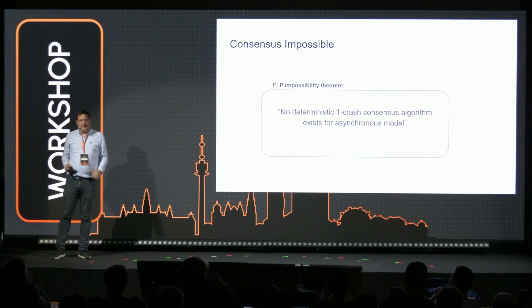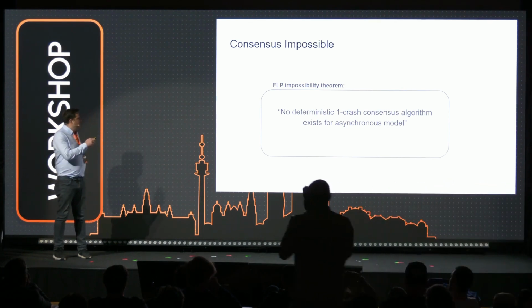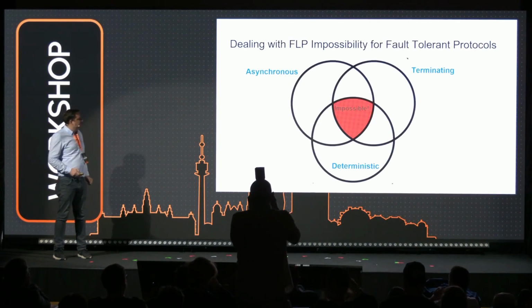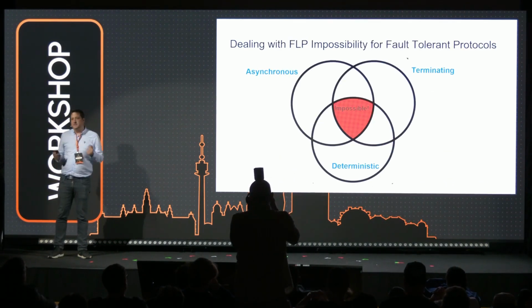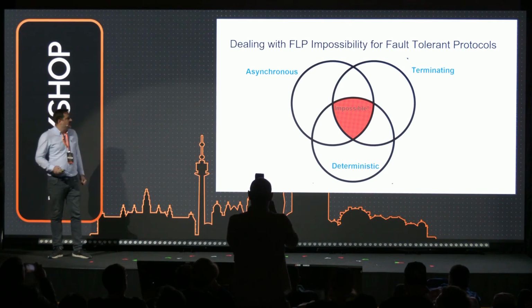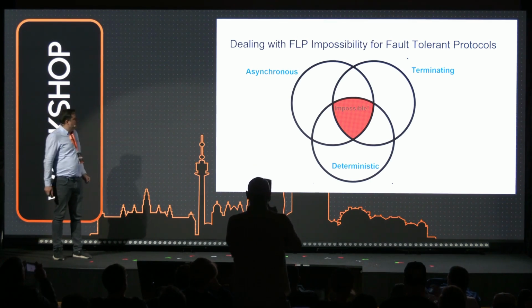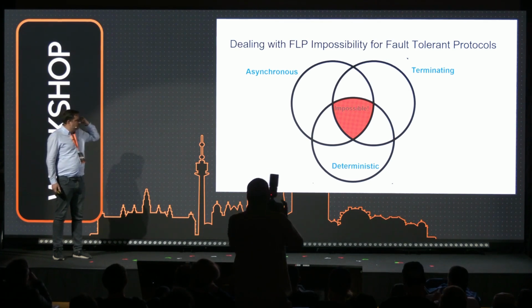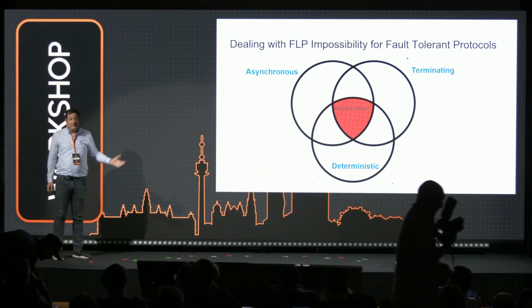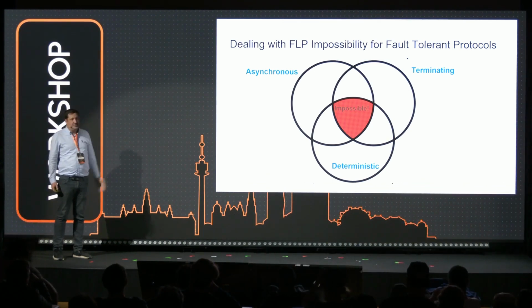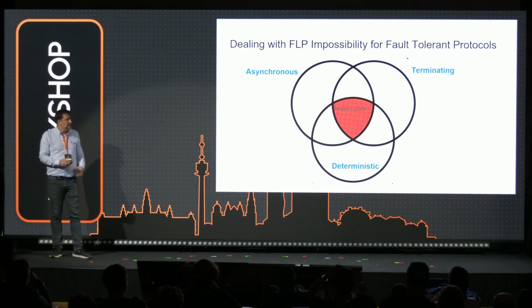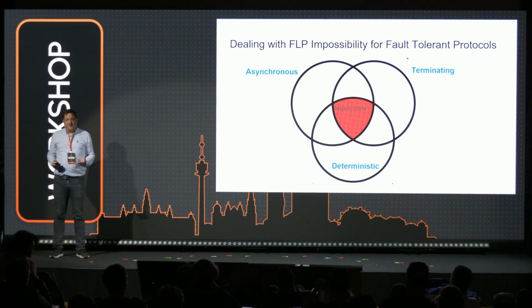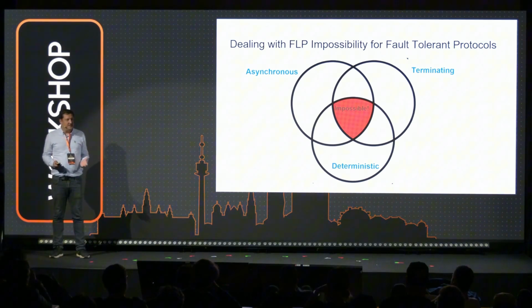We can't have that consistency. And what this means practically for us is that we have to make some design decisions. And we have to choose between timing decisions, the determinism of the algorithm, and the termination of the algorithm.